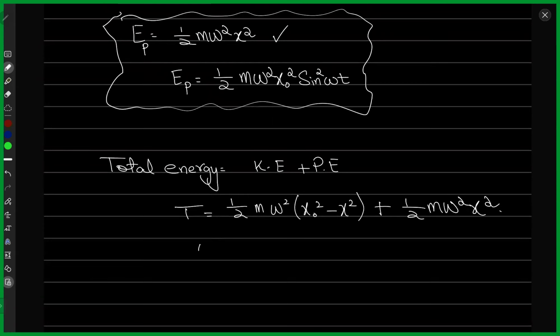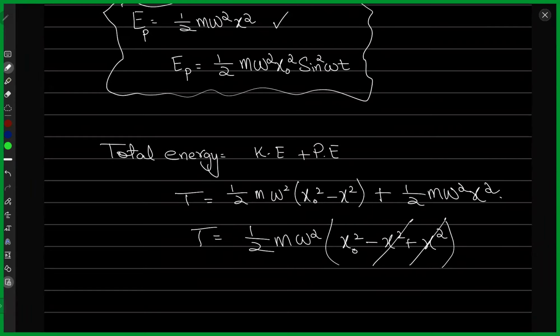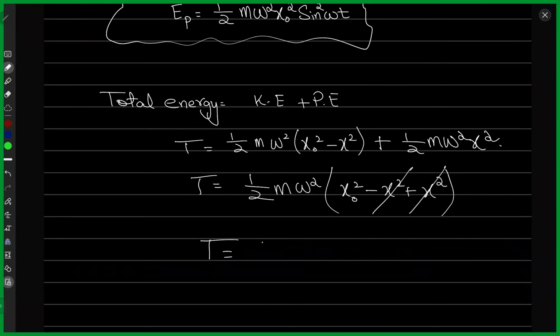So I can factor some things out and write it as half m omega squared times x naught squared minus x squared plus x squared. So you see that these x squareds cancel out because one is plus and one is minus, and the total energy of the system is half m omega squared x naught squared.